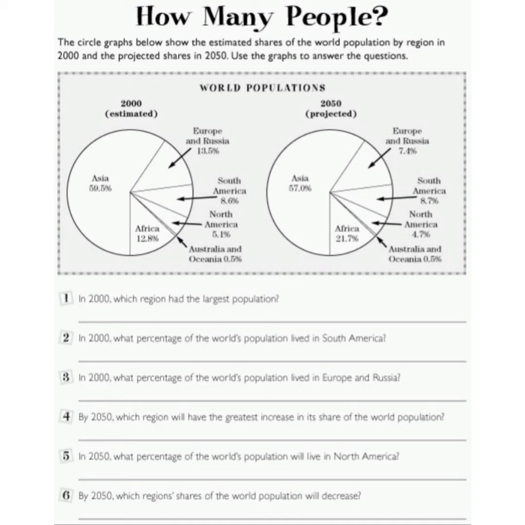The answer that it's showing us here is Asia has the largest population at 59.5%. So there's a few ways you can answer this, and I'm just going to answer it the way I would like to, as long as it's addressing the answer. So the way I would answer it would be Asia had the largest population.